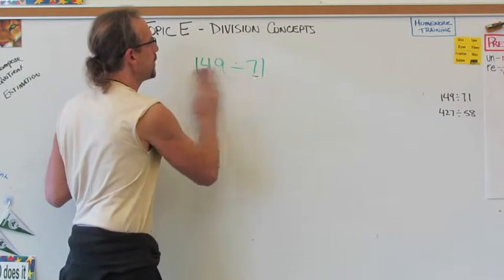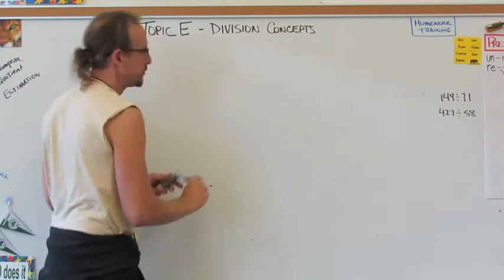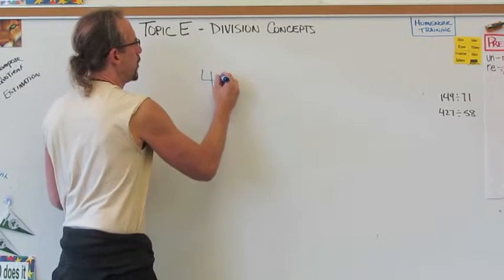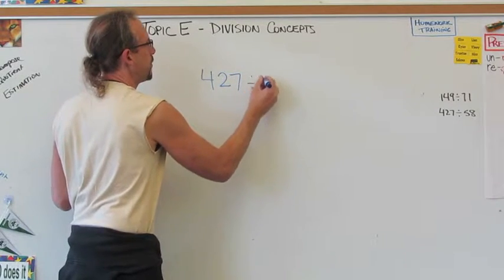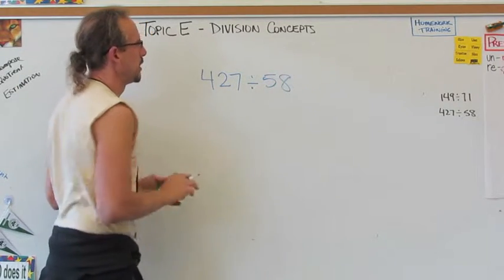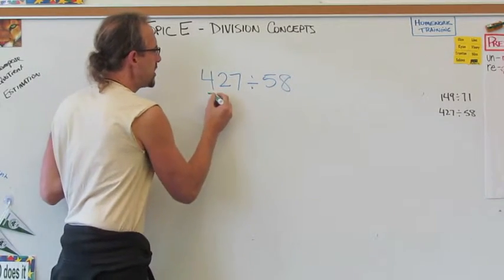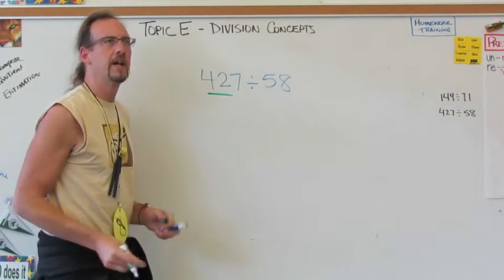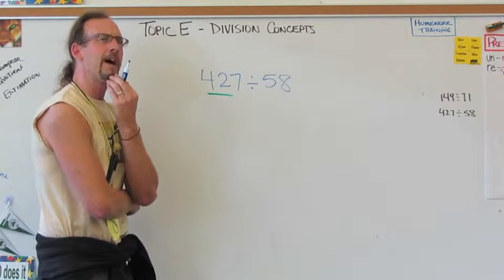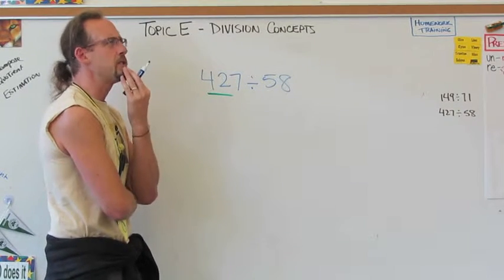Here's one more example. 427 divided by 58. Again, we're going to look for some kind of connection. I see that I've got 42 right here, and I'm thinking, what are the factors that can make 42?